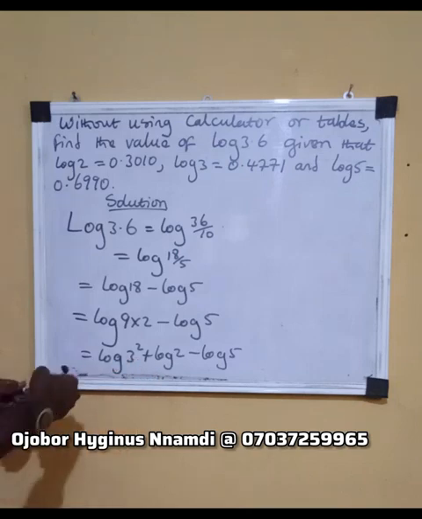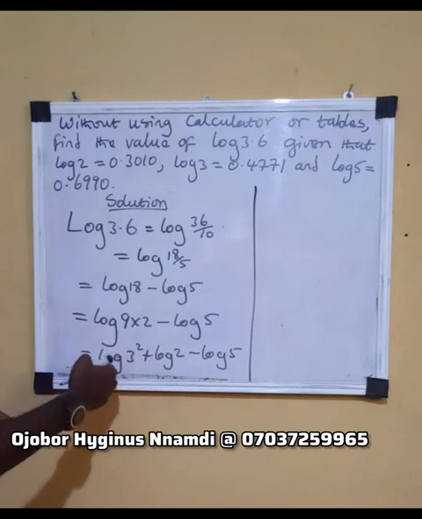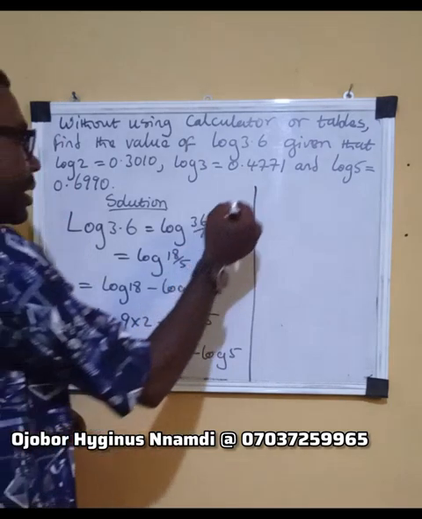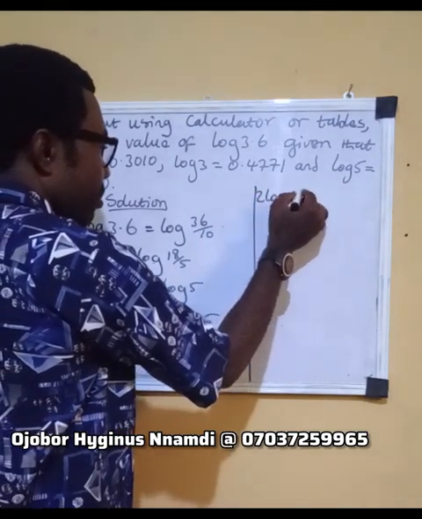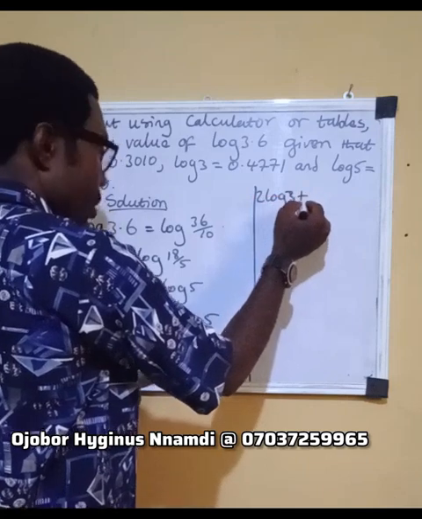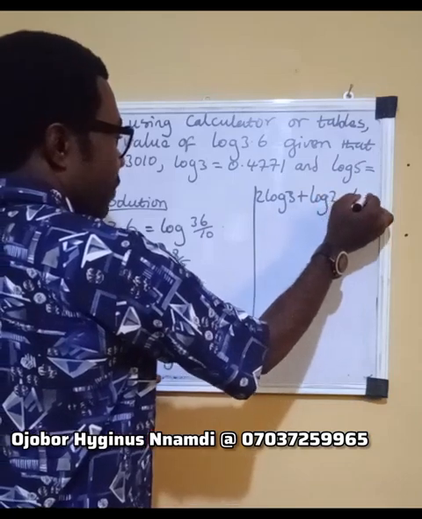From our law of logarithm, we can recall that log 3 raised to power 2 can be written as 2 log 3 when the power comes in front of the log. So we have 2 log 3 plus log 2 minus log 5.